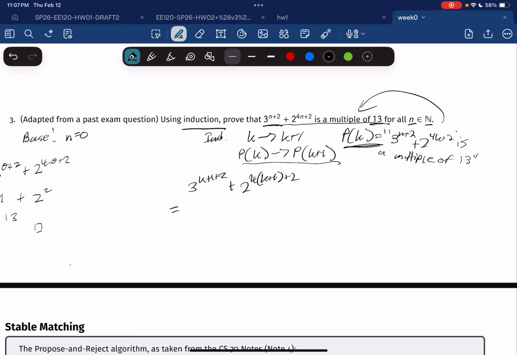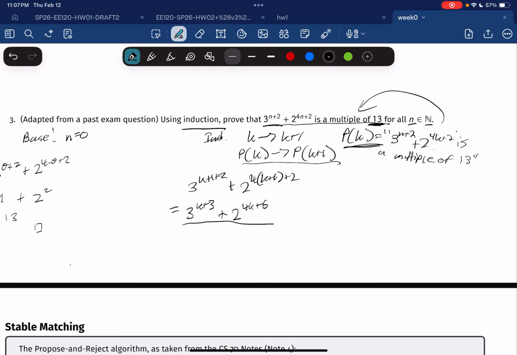This is equal to 3^(k+3) + 2^(4k+6). This is a point where a lot of us may get stuck because we see this very intimidating equation and have no idea how it could possibly be shown to be a multiple of 13.